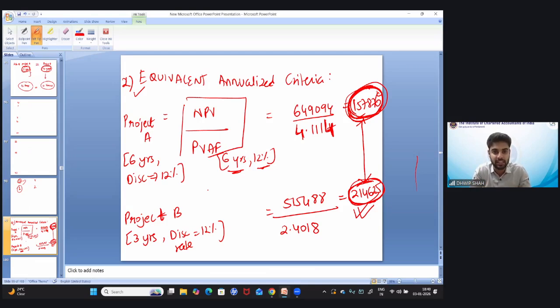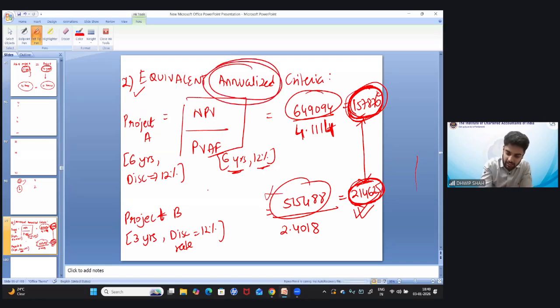How much NPV per year will I get from project A? It is somewhat 157,000. And project B is generating NPV per year of 214,625. So can I say on per year basis, project B is generating more NPV, even though in absolute terms we can see that project B is generating less NPV? But if we bring them to per year basis, annualized is nothing but per year basis in loose terms, for easy understanding.